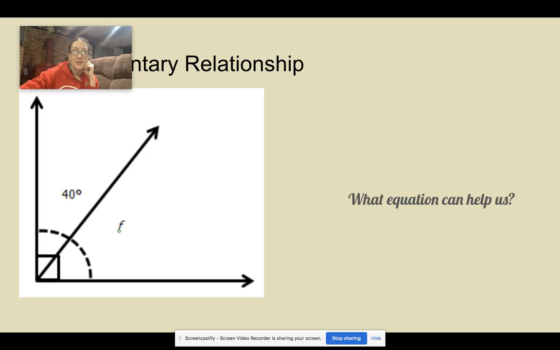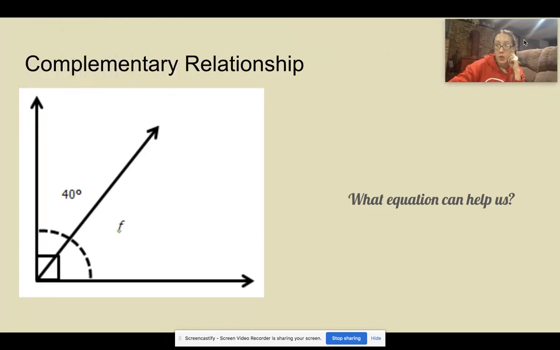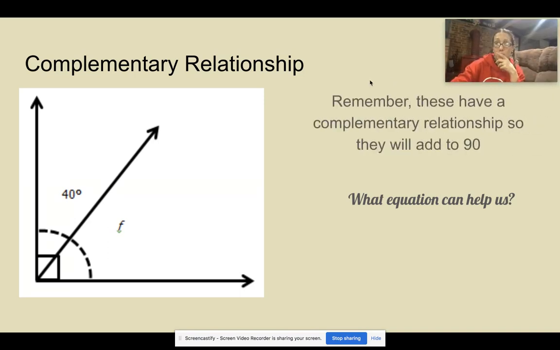All right, so let's look at an example. When we're looking at a complementary relationship, you have to think, what do I know? You need to remember that these have a complementary relationship, which means they add to 90.